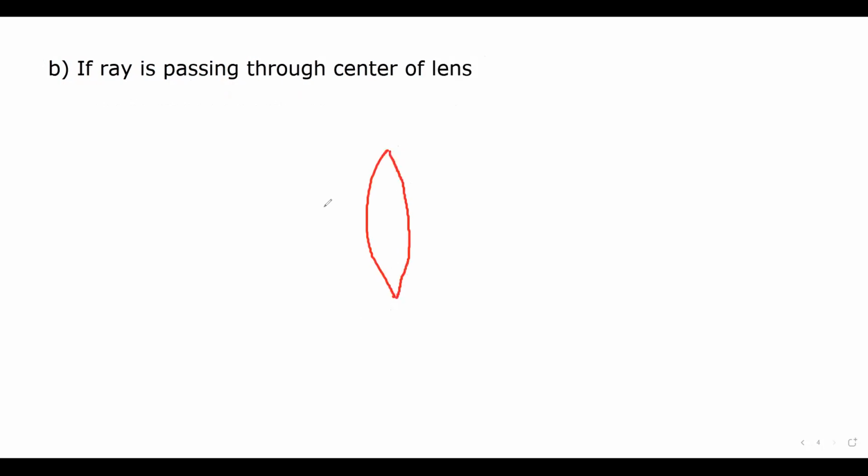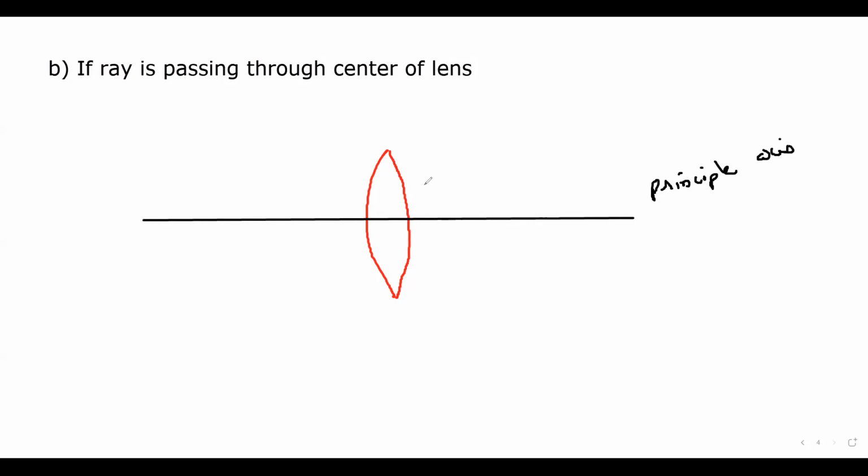A convex lens is there. The imaginary line which is passing through the center of the lens is known as the principal axis. The center of the lens is the optical center, then there will be one point focus and then 2f. And the same way on the left hand side it will be f and 2f.